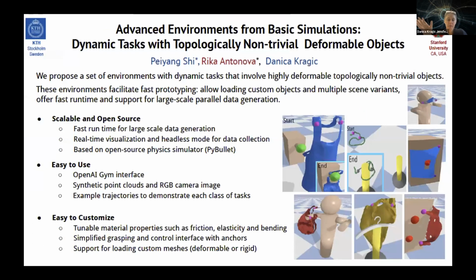So one of the things that I will end with, and Marco will take over, is how we build environments that are relevant for asking questions to do with deformable objects, or planning motions on deformable objects. This is one of the recent NeurIPS papers that we did, for building environments with what we call topologically non-trivial deformable objects.